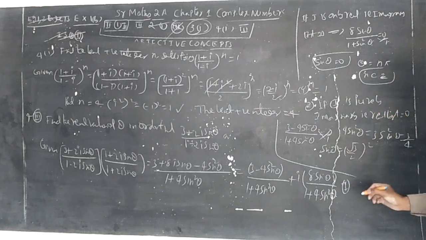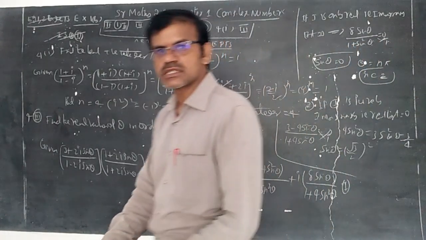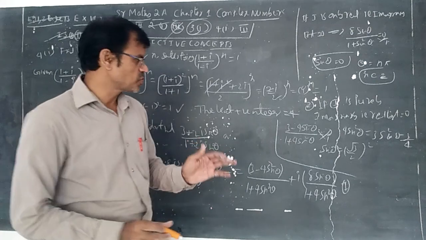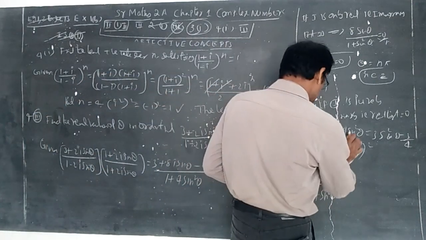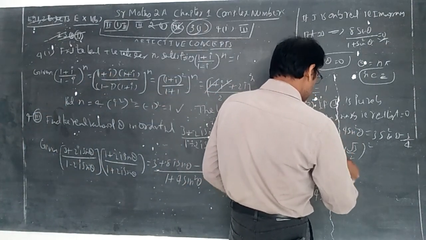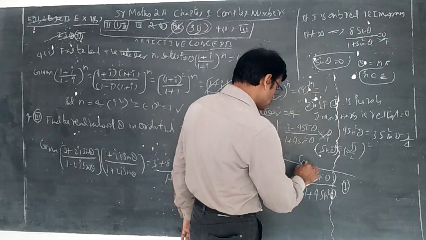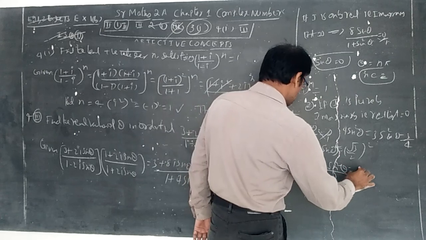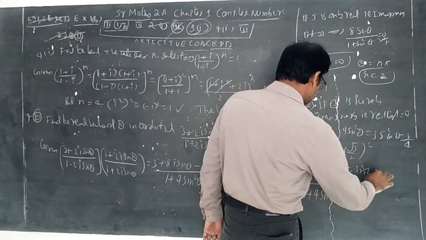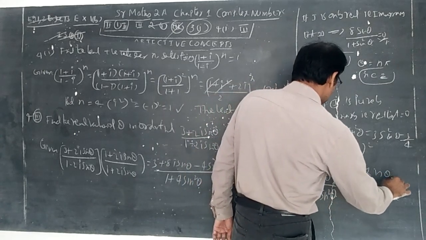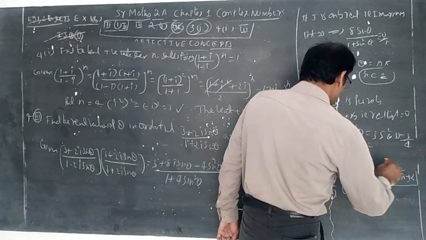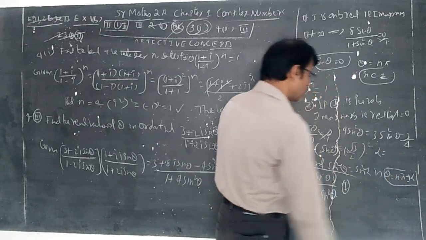By using the trigonometric equations chapter, the general solution of sin square theta equal to sin square alpha is theta equal to n pi plus or minus alpha, where alpha is the principal value.